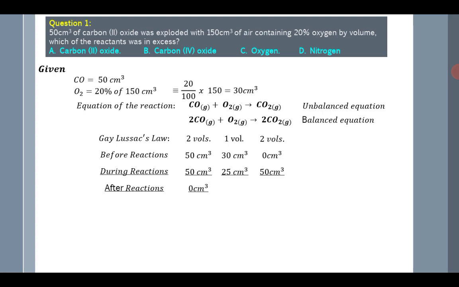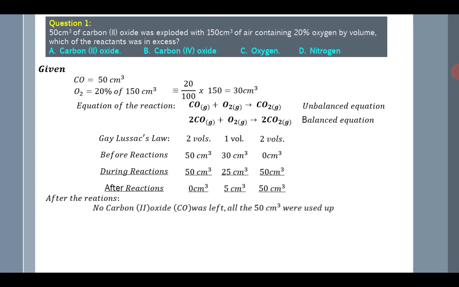So we have 0 cm³ of CO left, and we have 5 cm³ of oxygen left, and 50 cm³ of CO2 is produced. So after the reaction, we can conclude that no CO was left because the whole 50 cm³ of the CO was used up, and 50 cm³ of CO2 was produced, whereas only 5 cm³ of oxygen was left, which was not used.